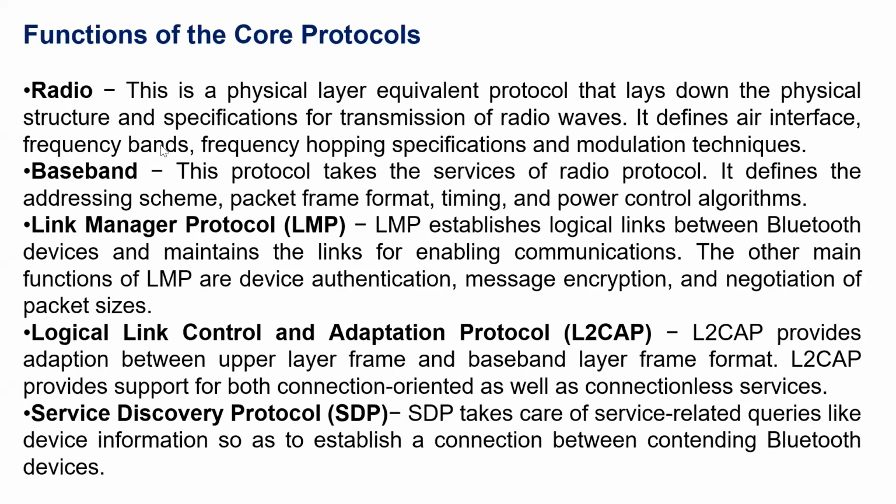Which frequency band is used here? ISM band is used here. Which type of access system is used here? FHSS, frequency hopped spread spectrum technique. And which type of modulation is used here? GFSK, that is Gaussian frequency shift keying type of modulation is used here.